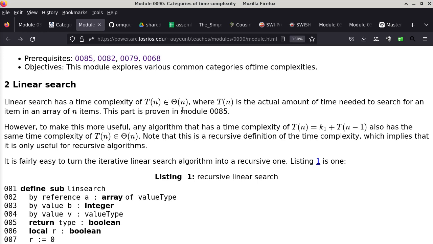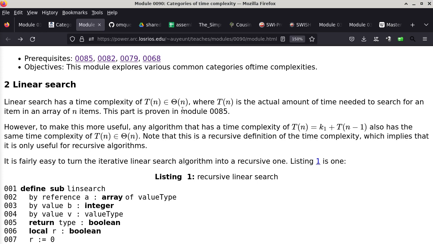If it's a lower bound, it is big omega. If it is in both, then it is big theta. So in this case, the T of n, which is the actual amount of time that a particular implementation of linear search takes, is an element of big theta of n, which means n is a tight bound of T of n. Does that make sense? Okay.